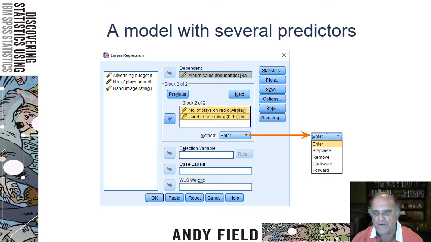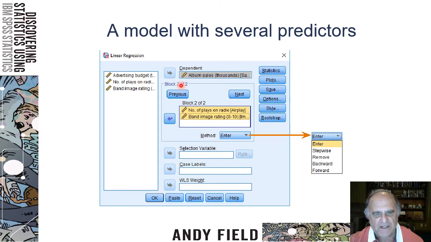And again, if we've done things correctly, we would be at this box or page in SPSS. We are now going to enter several different predictors, and we're going to enter them at different steps. You can see here our dependent variable is album sales. We brought that over. We've already entered block 1, and you can see we're on block 2.